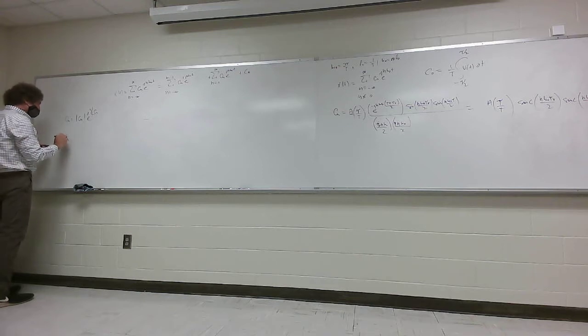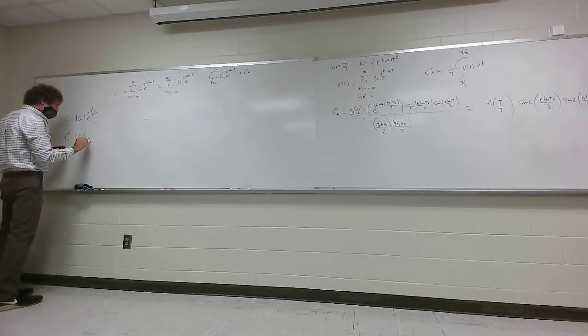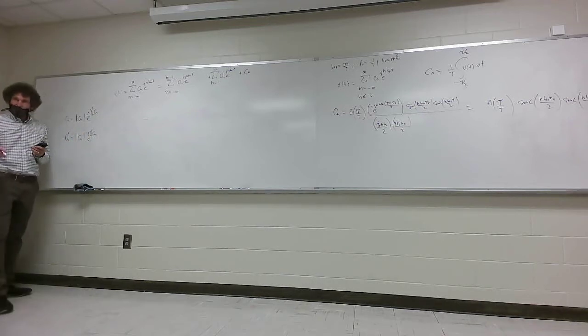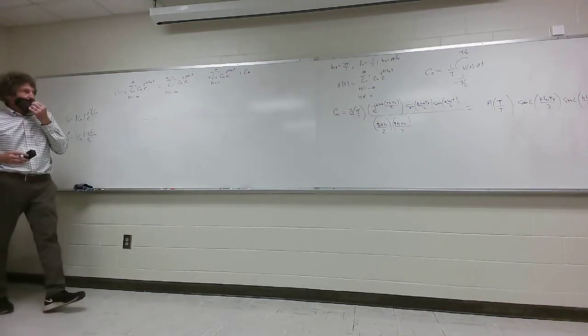If you talk about C of n conjugated, it's still the magnitude of C of n, but with e to the minus j angle of C of n. The only thing you're doing is changing the sign on the angular term when you conjugate. I want you to keep that in mind.